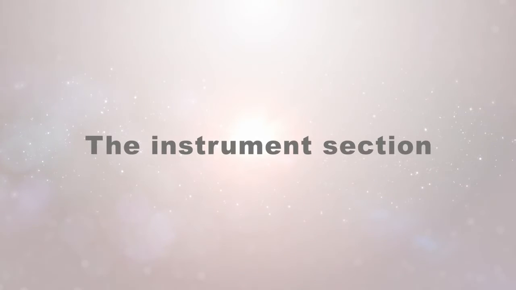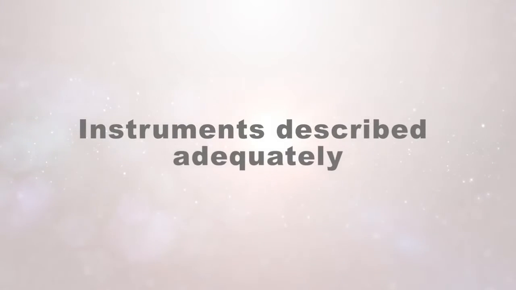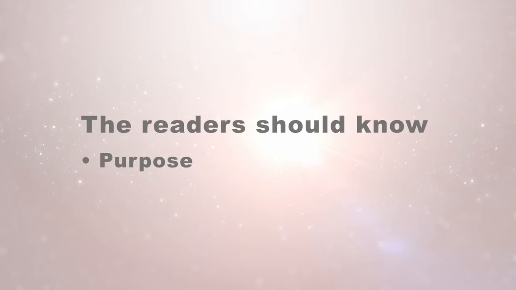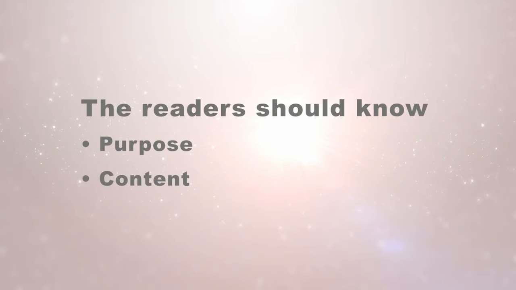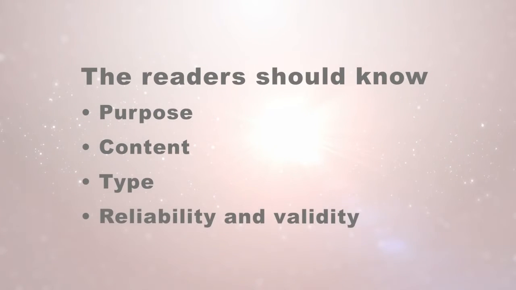The next step in the review of the research article is to look at the instruments section of the paper. Are the instruments described adequately? The author should tell the reader the purpose of the instrument, the content, the type of instrument. Information should be provided about the reliability and validity of the instrument.